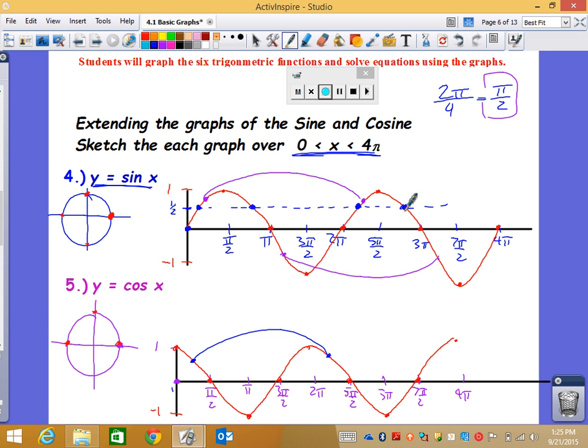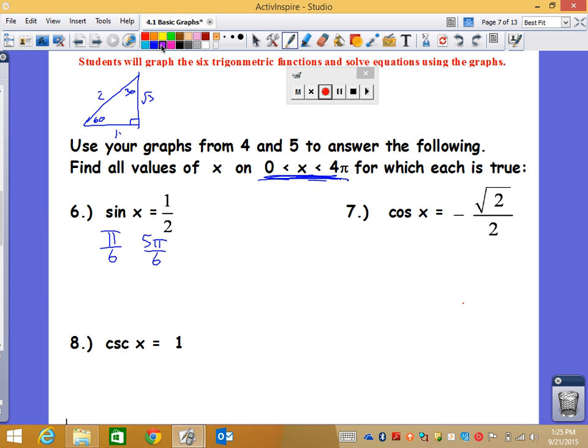Remember what I said earlier, though: if I pick 2 points that are 1 period away from each other, and you'll notice that this point here and this point here are 1 period away from each other, the distance between them is 2 pi. So I can just add 2 pi to this pi over 6.